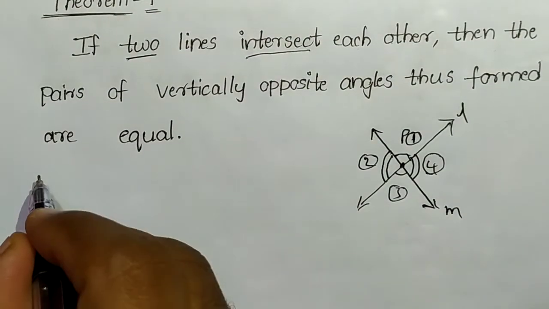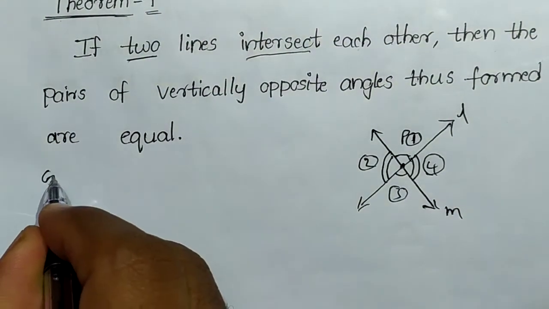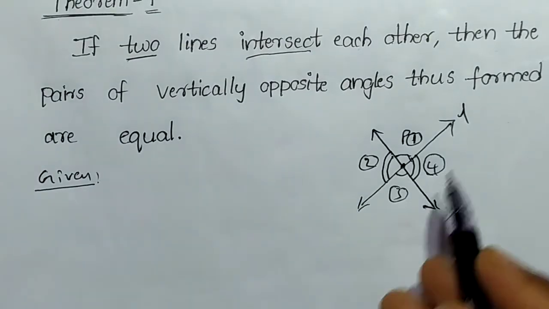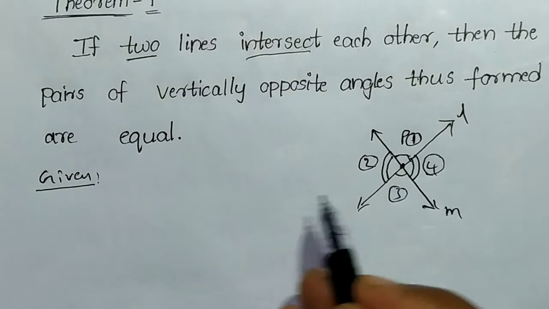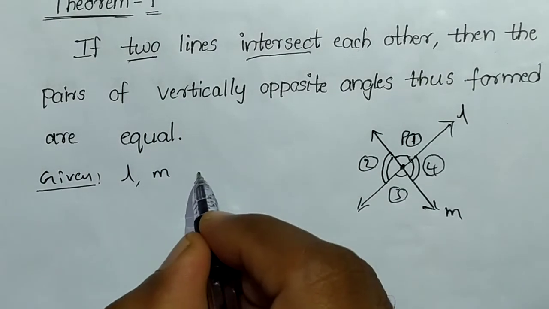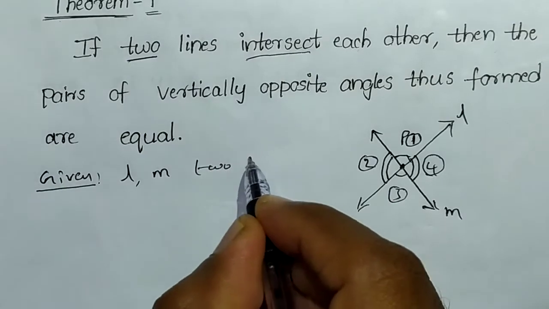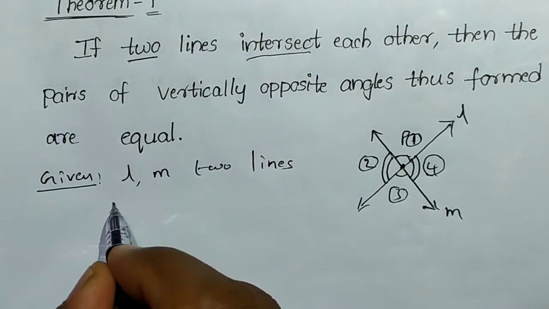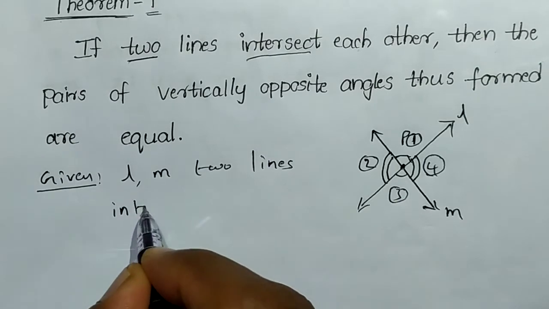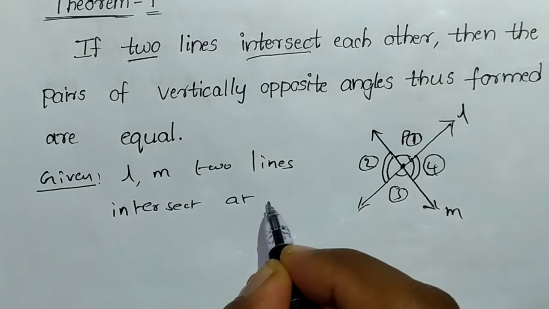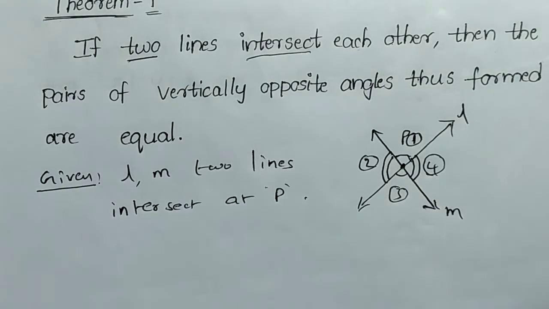So go for first, given. What is given in the theorem? L, M intersect at P. L comma M, two lines intersect at P. Okay, that is given.